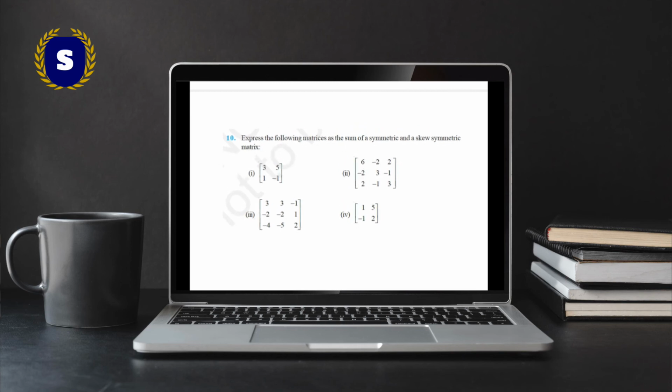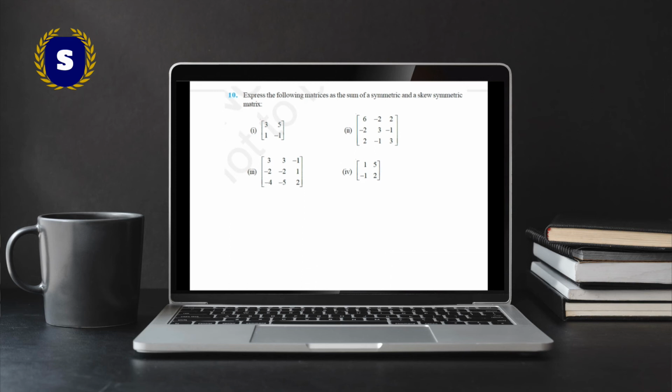And we have a technique to convert a matrix into the sum of a symmetric and a skew symmetric matrix. So let me tell you the technique first, then we'll solve each part. We'll assume a matrix P which is equal to half of matrix A, which is a given matrix, plus its transpose, and we'll assume another matrix Q which is equal to the half of the difference between the two matrices.